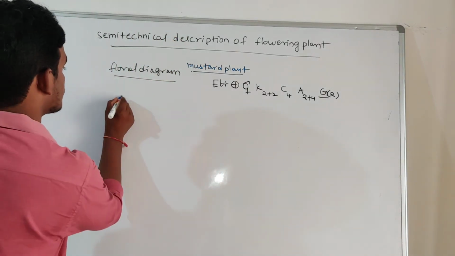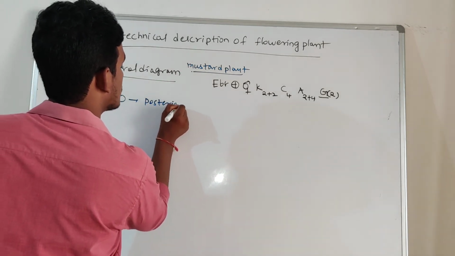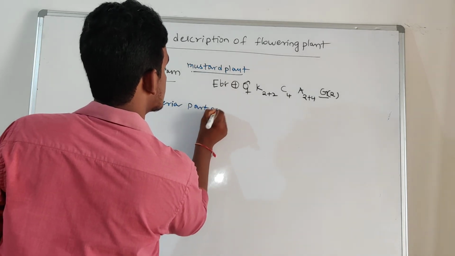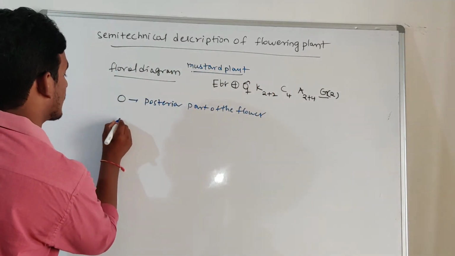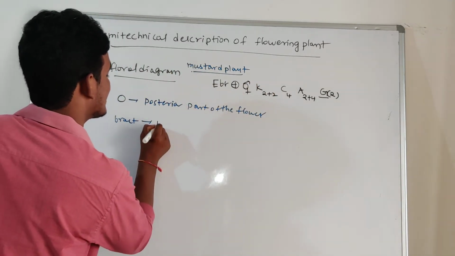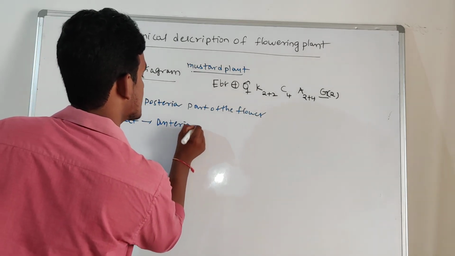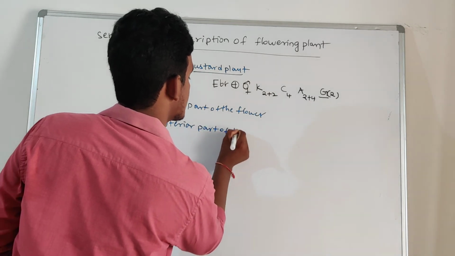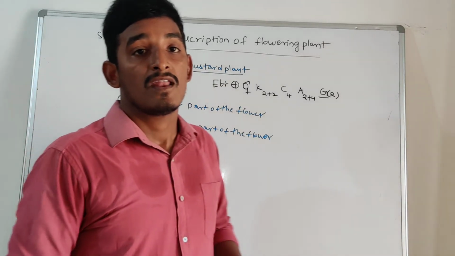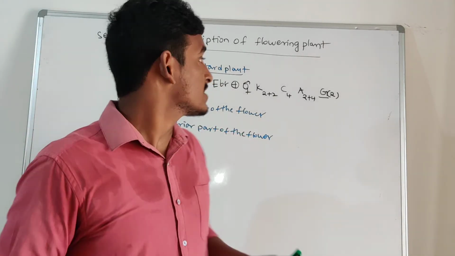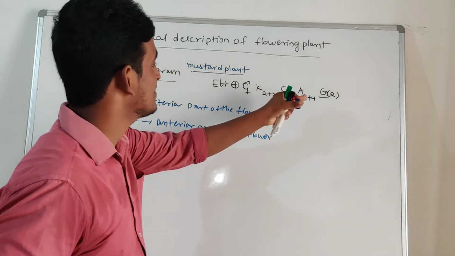Here this dot indicates the posterior part of the flower, and the bract indicates the anterior part of the flower. Right? Along with this, estivation can also be easily known from a floral diagram. So now I will make the floral diagram based on this floral formula.